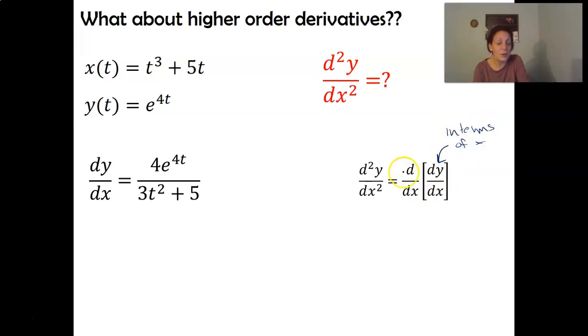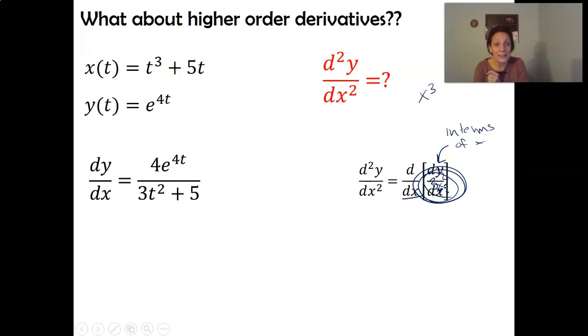And I'm taking the derivative of it again. So it's a d/dx. So if I ask you to take the second derivative of, say, x cubed, you're going to have a 3x squared in here. So when you take the derivative of that, it's a derivative with respect to x because the variable of the thing in here is x.